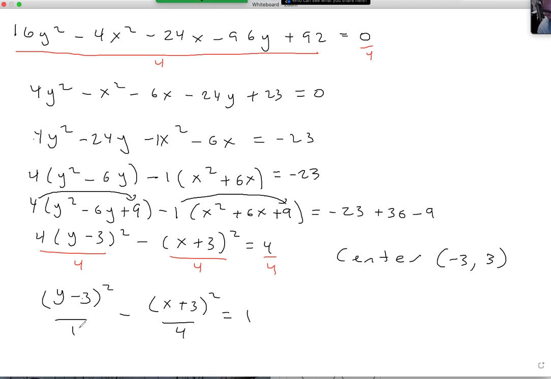And my A is always leading. So remember, for ellipses, A has to be the big number, but for hyperbolas, that is not the case. So the first one's always A squared, the second one's always B squared. So A equals 1 and B equals 2. So that's the information I need for graphing this.